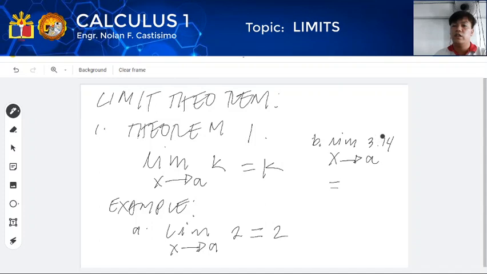Of course, nasa constant pa rin tayo. So, magiging sagot dyan is 3.14. Ayan, yan na yung sagot. Parang kinuha lang natin yung 3.14, yun na yung magiging sagot natin since constant lang siya.